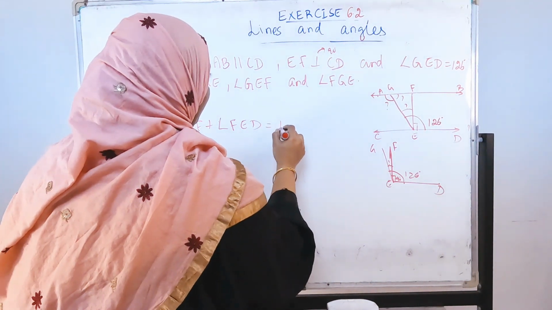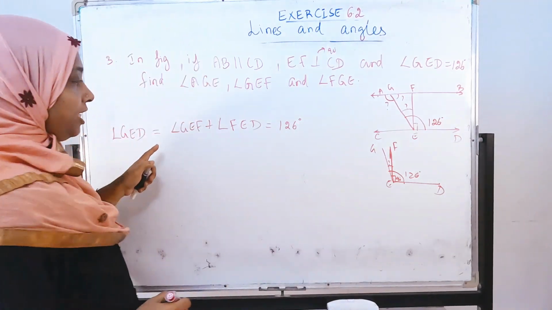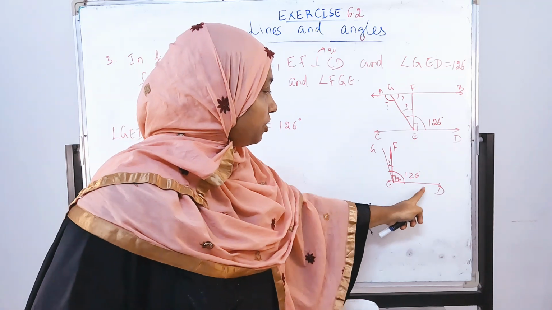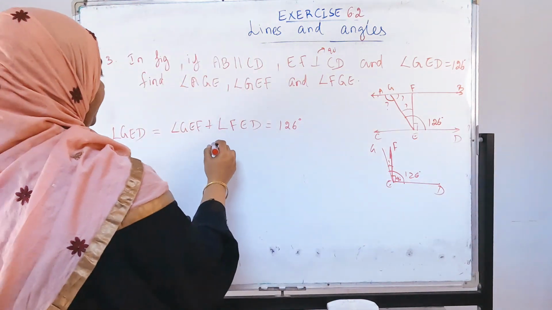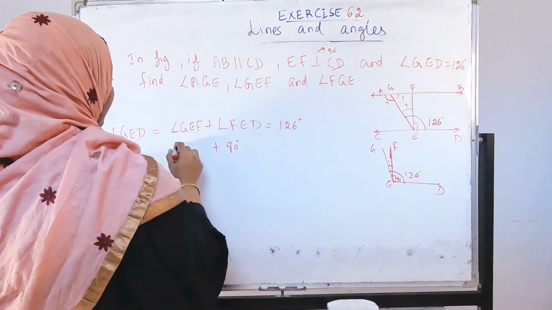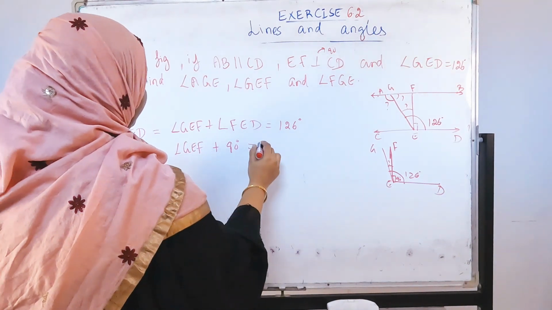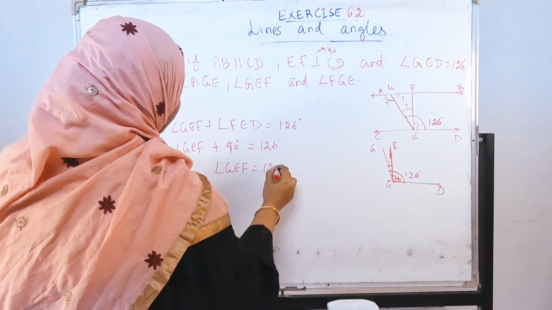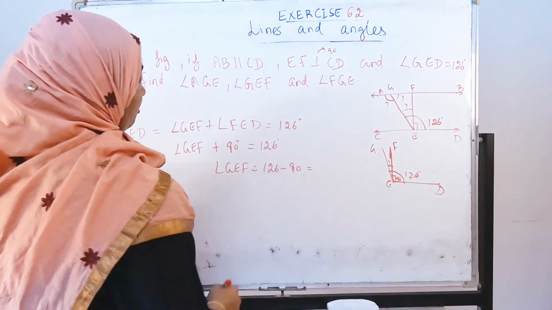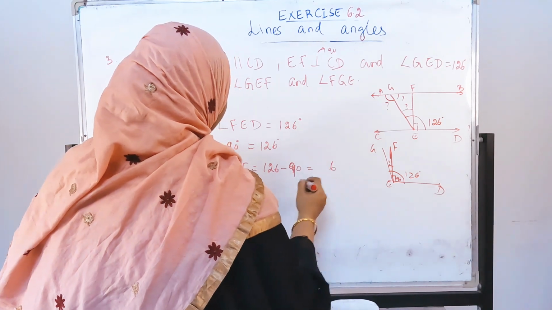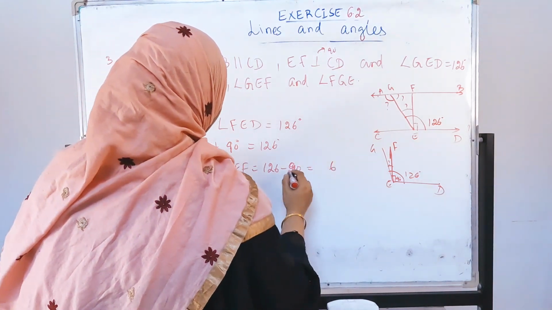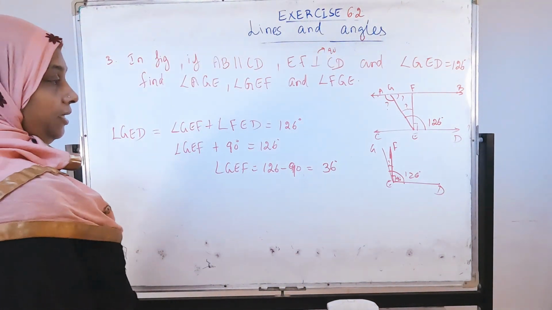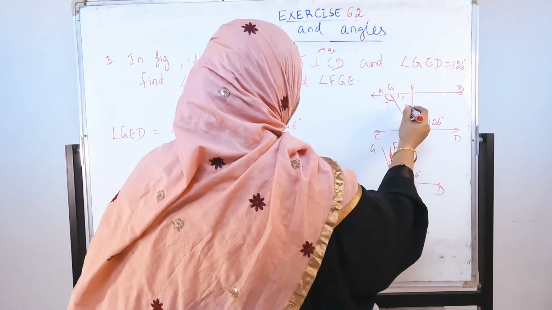This total they have given 126 degree. In this, angle GEF we have to find, but angle FED we have. Angle FED is 90 degree. So angle GEF is 126 degree minus 90 degree. It will be 36 degree. So this part is 36 degree.